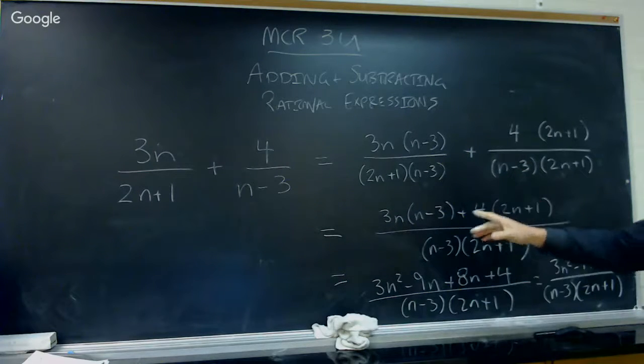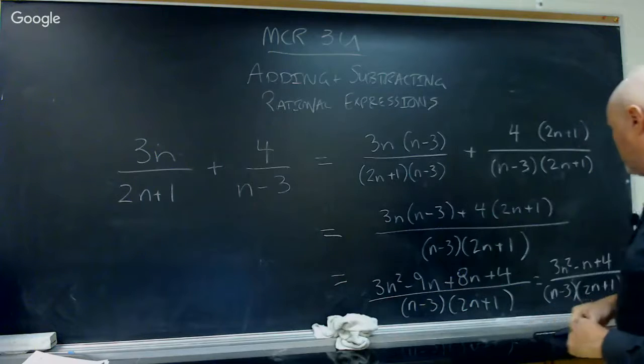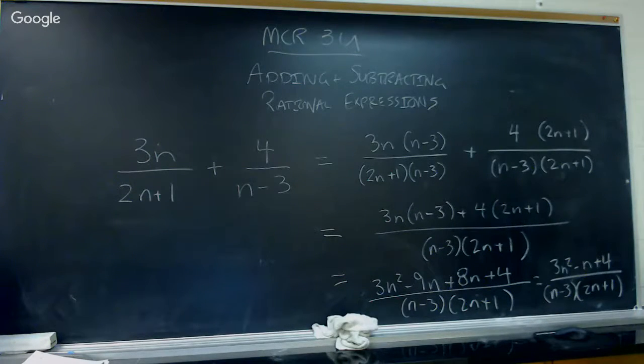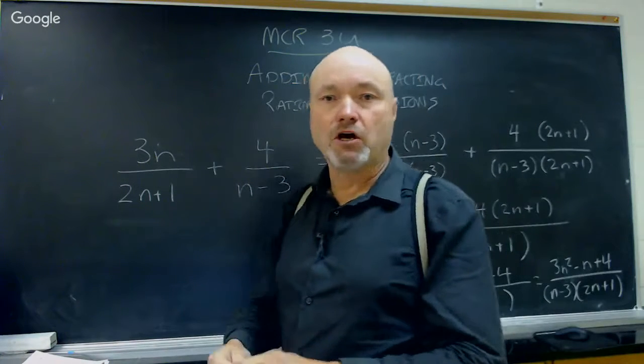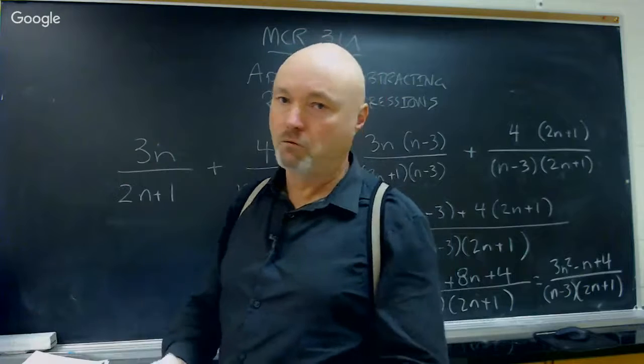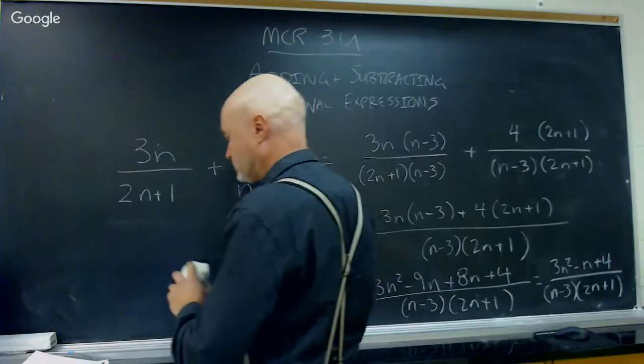There are no common factors. So this is, yes, a form of the final answer. I could have multiplied out the bottom, and there is no right or wrong. It just depends on how they want you to end that.